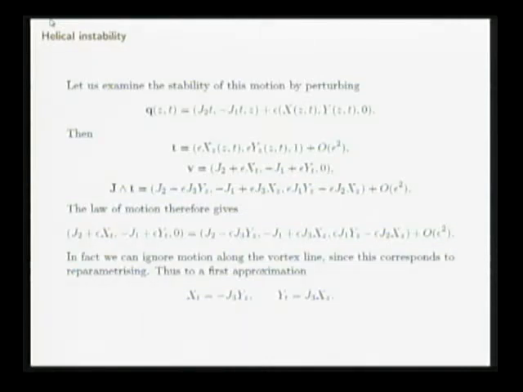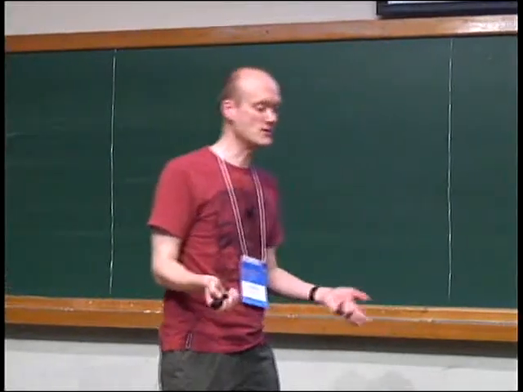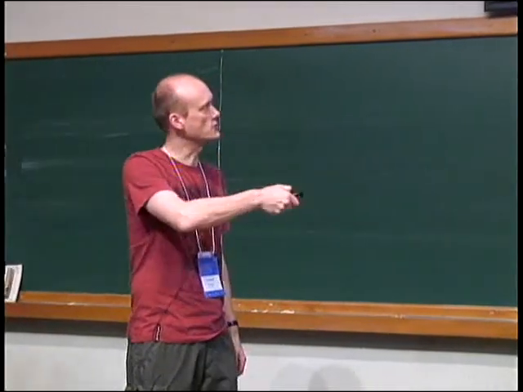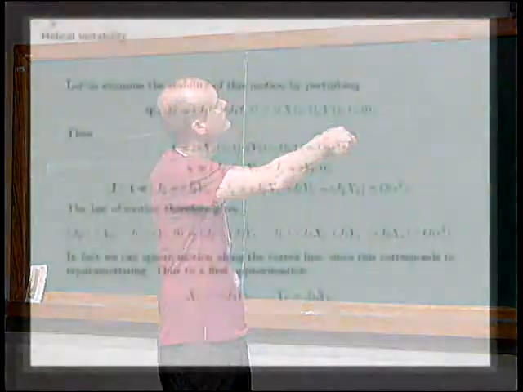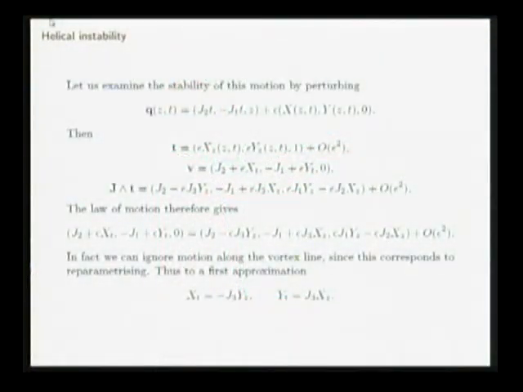I can just pick off the first two components, because any motion along the tangent to the vortex doesn't do anything. It just changes the parameterization. To a first approximation, I know that the j2 terms cancel, and the minus j1 here cancels with the minus j1 there, because that's how I set up my uniformly translating vortex in the first place. So now I've got to look at the epsilon terms and balance those.